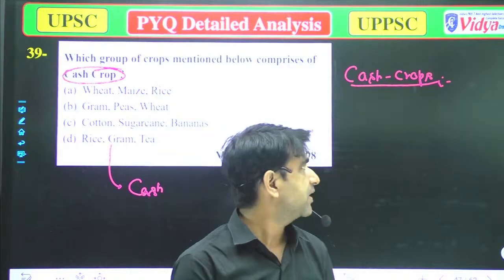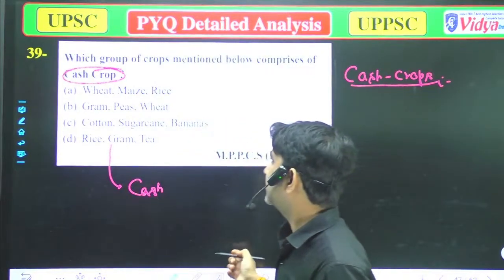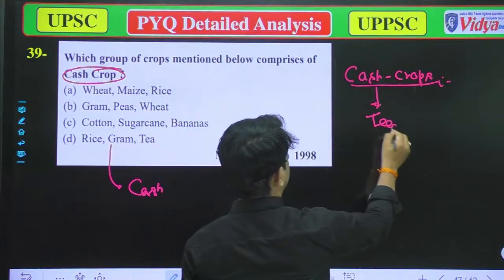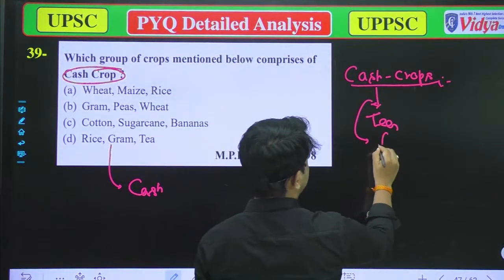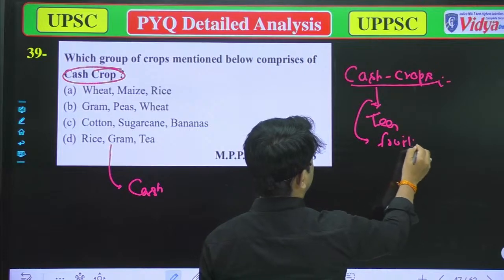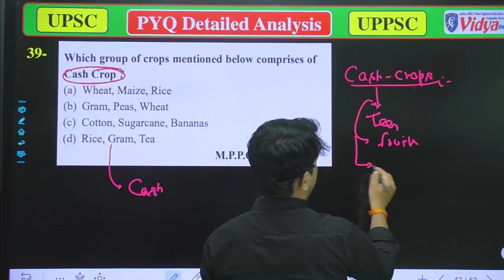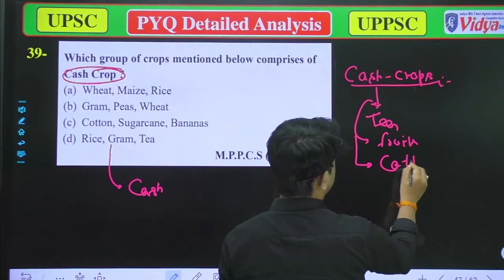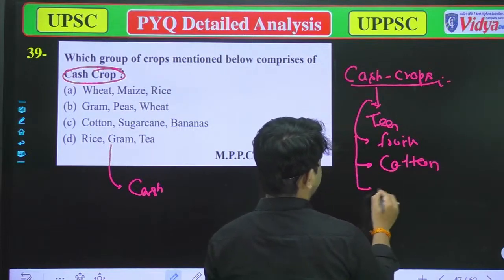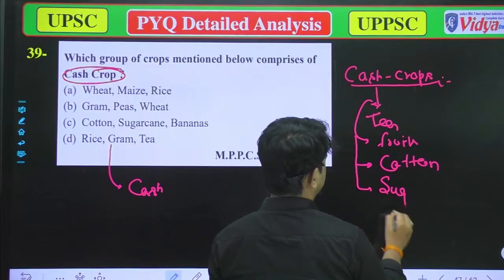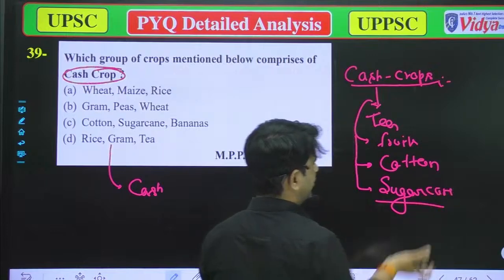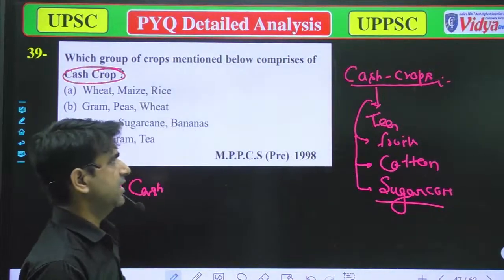Generally in these crops we have tea, some fruits, cotton, and sugarcane. These are general examples of cash crops. After that, rubber is also a cash crop.